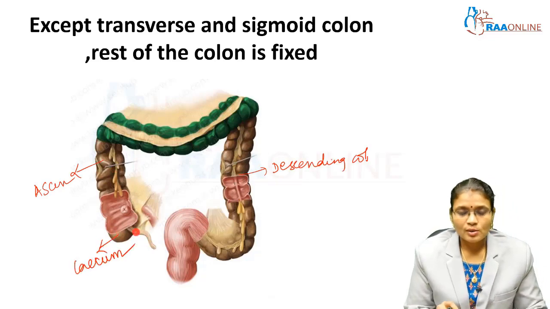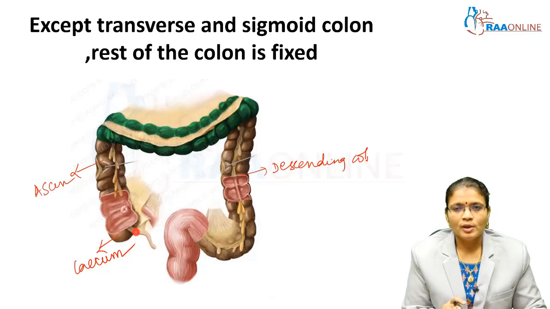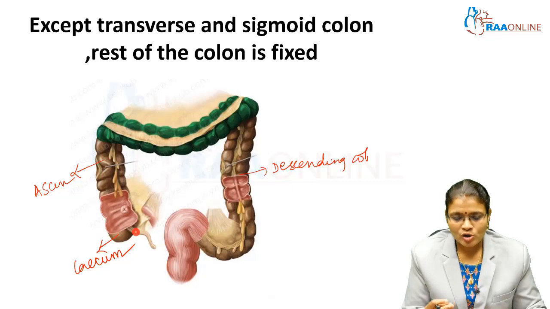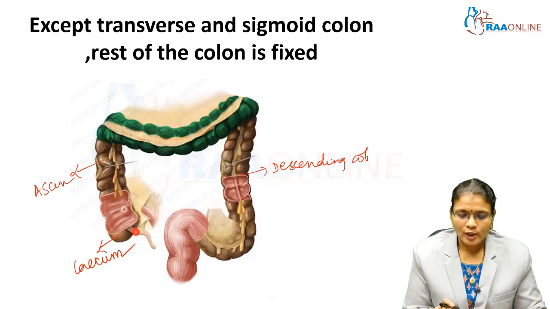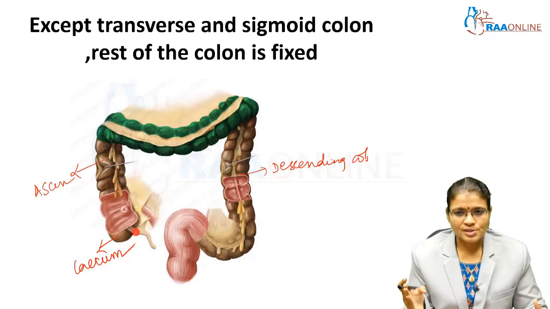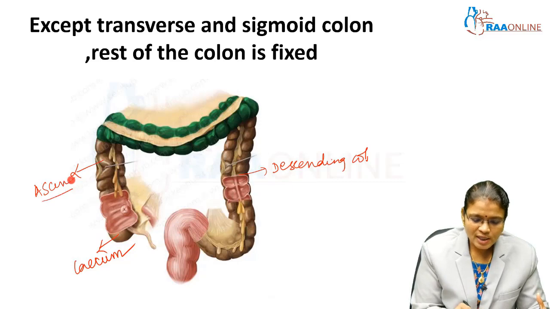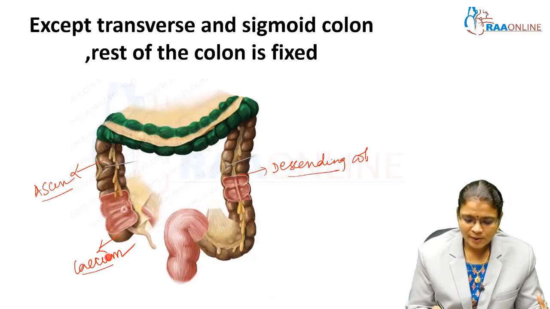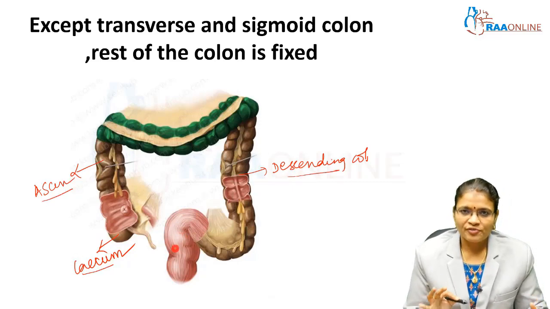All this region will have peritoneum and all these parts will be mobile during the fetal period or the embryological development. But later on what happens, during fixation and rotation of the gut, fixation of some parts of the large intestine occurs. Out of this ascending colon, descending colon and cecum, rectum and anal canal become fixed.